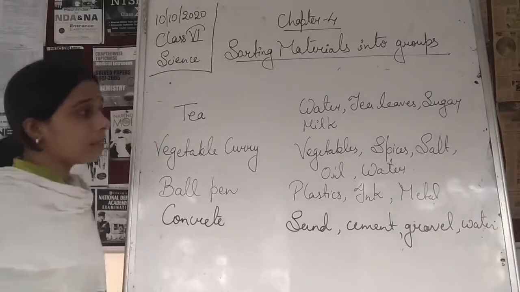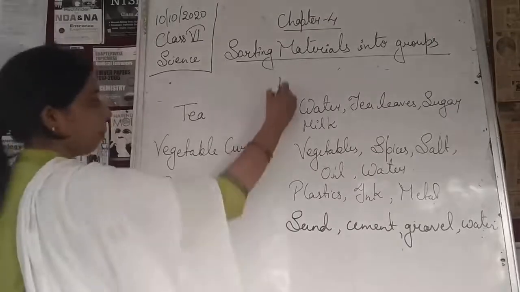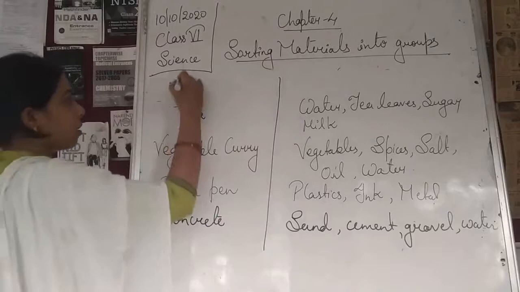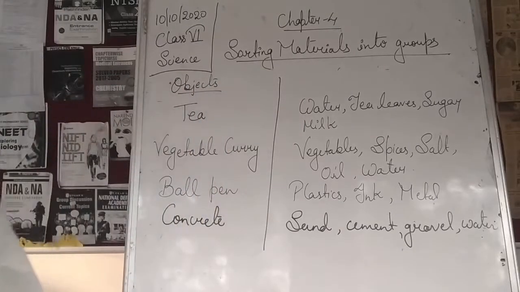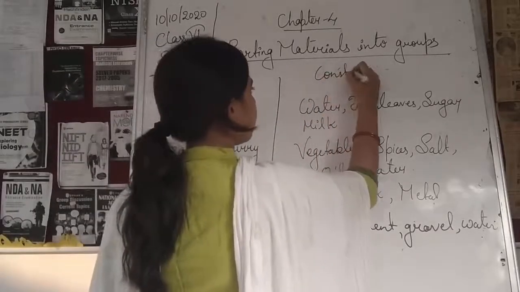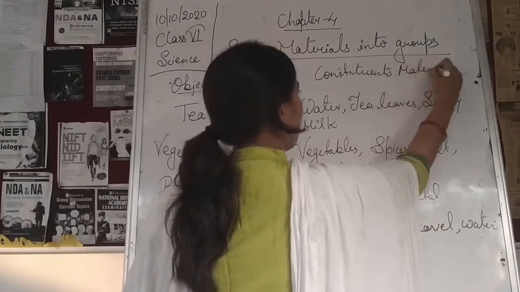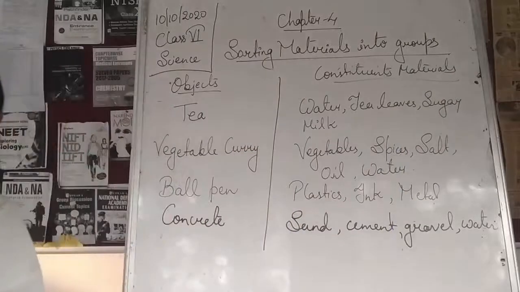So what is the thing? What is that you are getting from all these by this table? So this is the object, and this one is the constituent material.